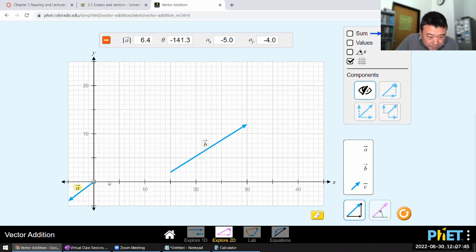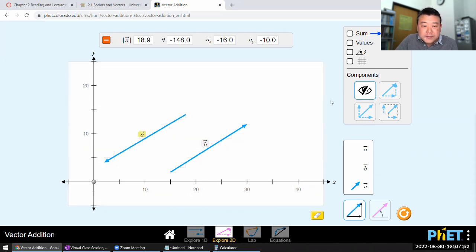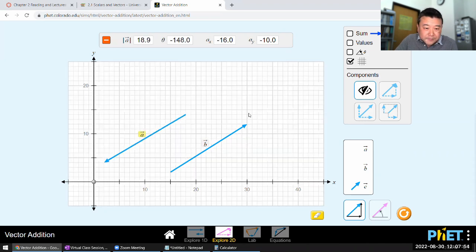Maybe if you display the angle, that might be a little bit easier. But this is a good tool to practice until you feel comfortable with doing those different things.